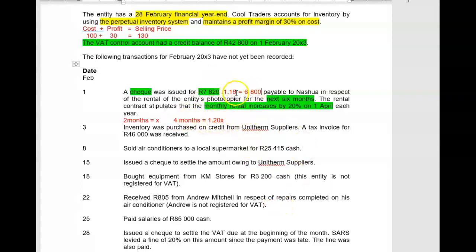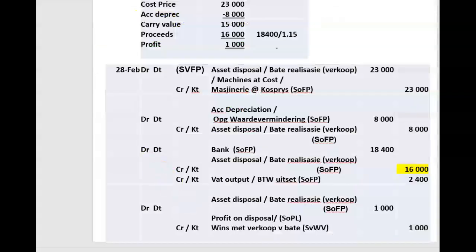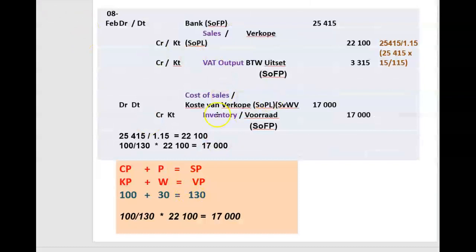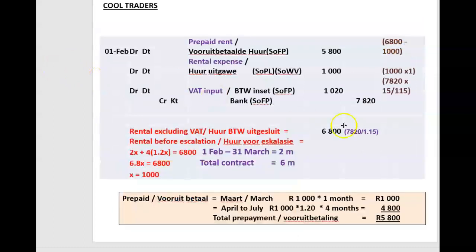So grade 1, let's escalate it a little bit. Grade 3 maths. We can write this in a formula. Do you agree? So in our formula we say, 6,800 equals 2 months, February and March, rent at X, plus 4 months, total 6 months, 6 minus 2 is 4 months at an escalated rent of 1.2X, and the total being 6,800.